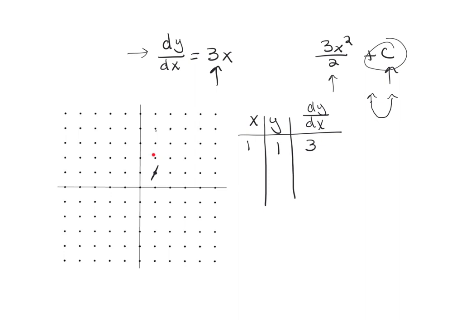So let's pick another point. Let's pick 1, 2. So the point 1, 2, once again, the y value is basically irrelevant in this one. You plug in 1, well, that's also 3. Well, that's going to be true for all of these then. So these will all be like a parallel slope, this whole line here.